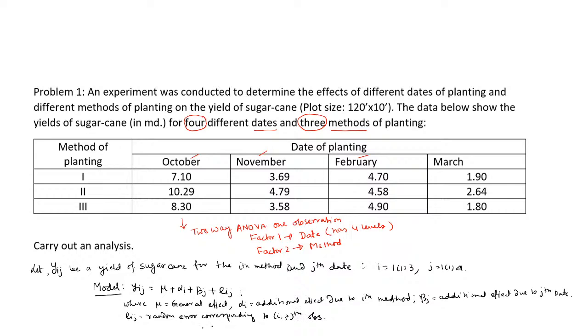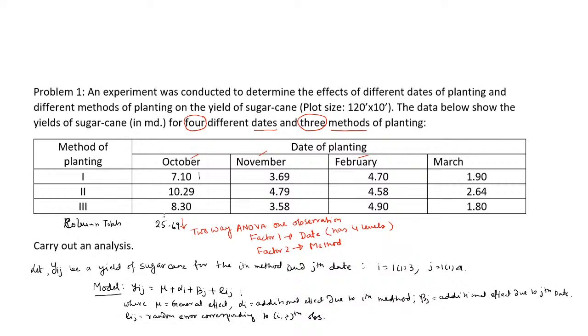Now add this. First you add all column totals. I think it is 25 according to my calculation, it is 25.69. If it is okay, please tell me yes, and otherwise please rectify, please give me the correct solution.